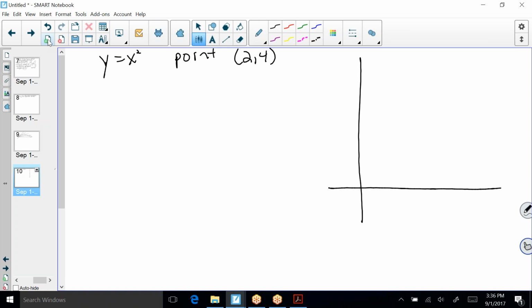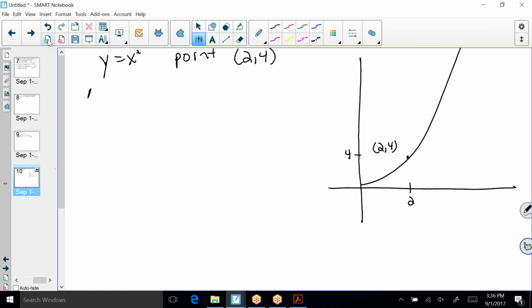All right, so this is the function y is equal to x squared. So when our x value is 2, our y value is going to be 4. So our point right here is 2, 4. So we want to find the slope of that curve at that specific point. So we're going to use our secant slope.